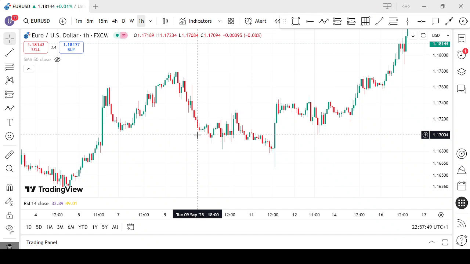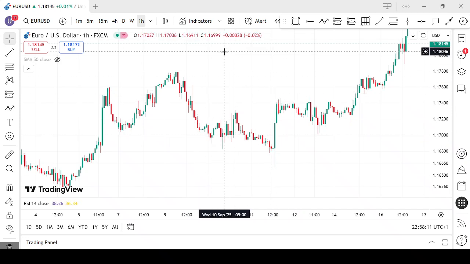Avoid exotic or low liquidity pairs. Their spreads are usually wide and they can have sudden jumps that can destroy your small account. So focus on trading in the peak overlap between London and New York when volatility and volume match your micro lot strategy. So you focus on the major pairs.